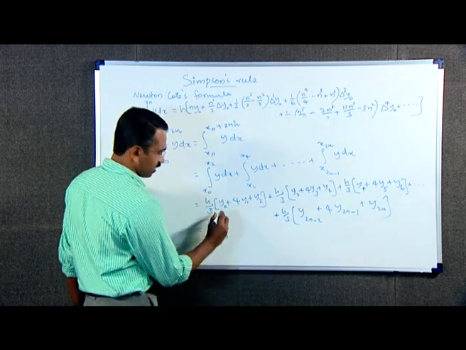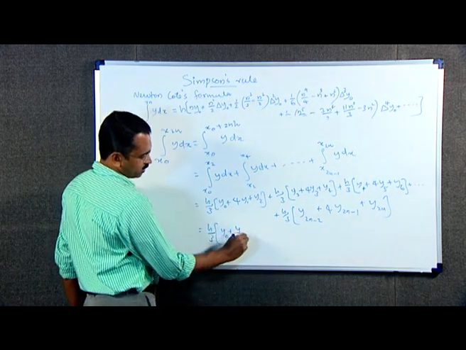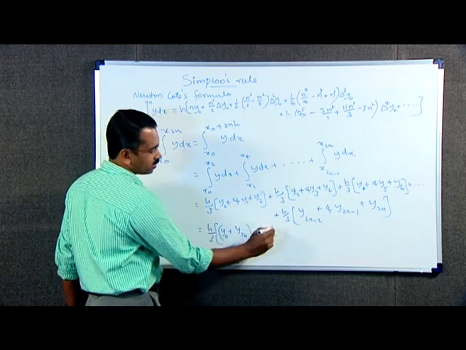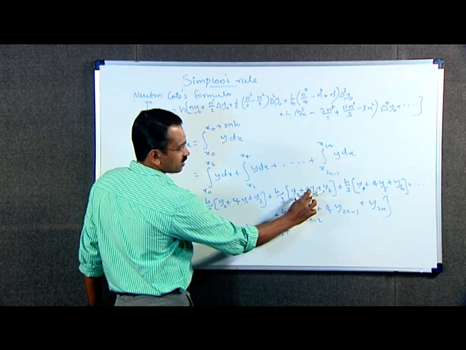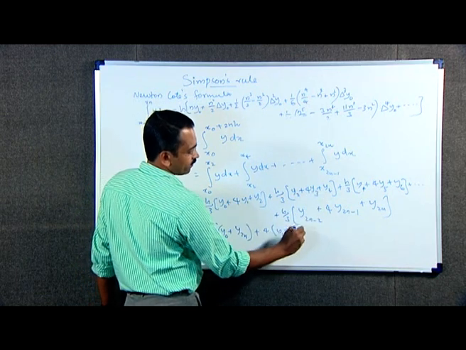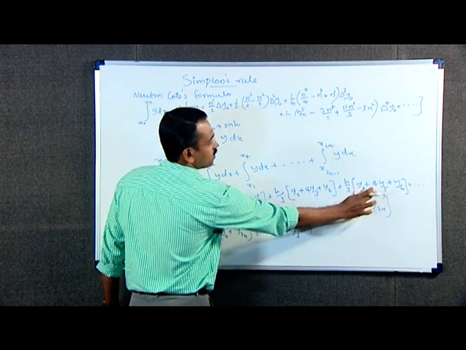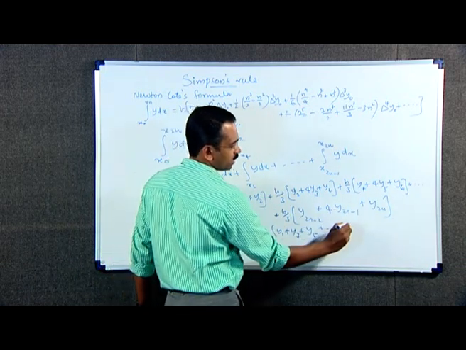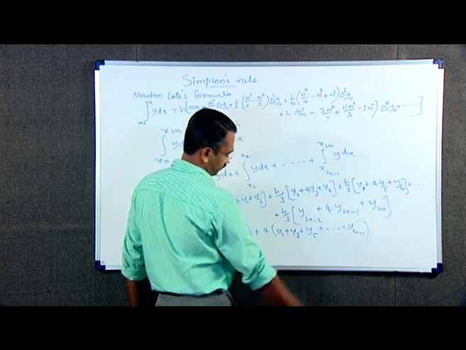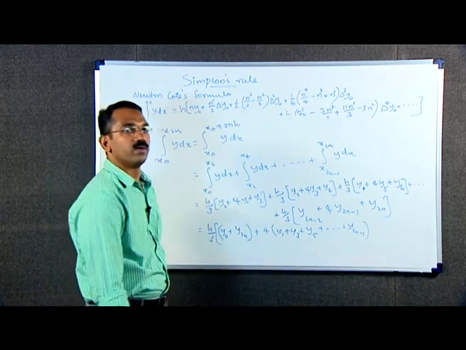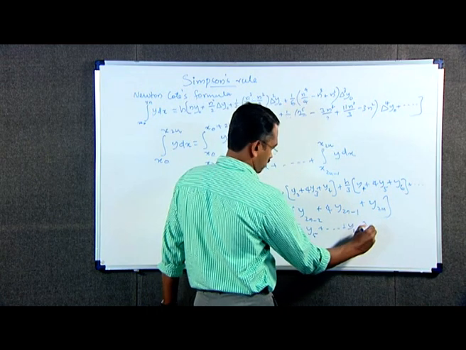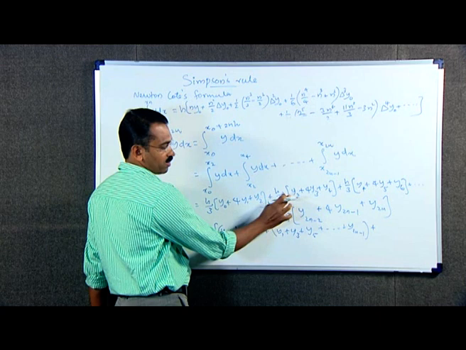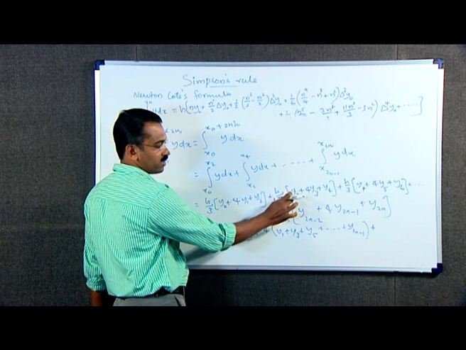Therefore, we can write (y0 plus y2n) plus 4 times (y1, in this case y3, here y5 plus etc. plus here y2n minus 1) plus y2 is here and in this term also y2 is contained.